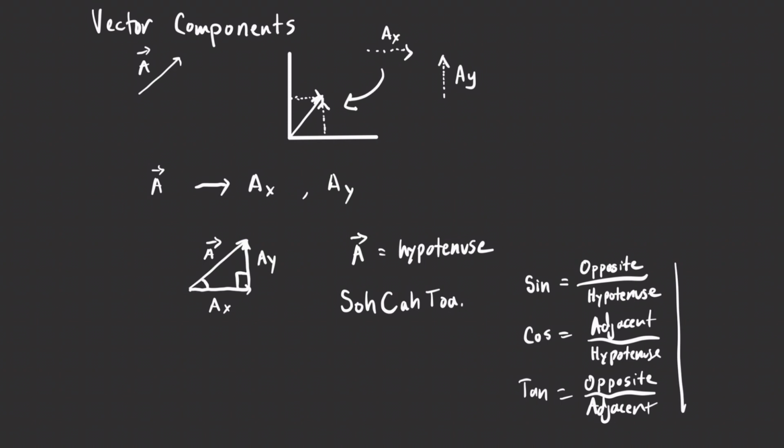And so if we go ahead and label this as theta, I'll go ahead and use a thinner pencil for that. Let's go ahead and label that as theta, and we can label that as phi.